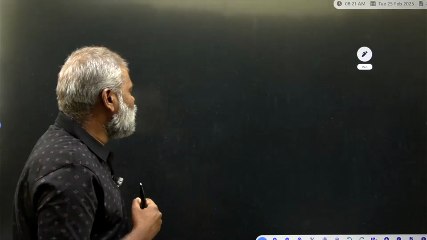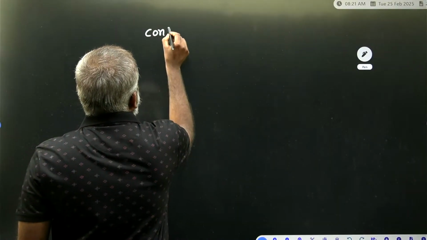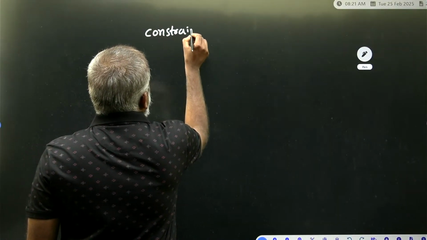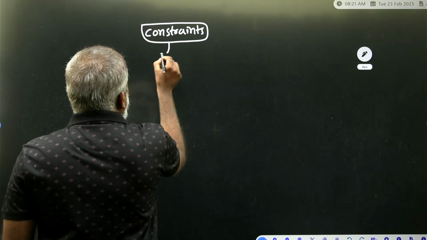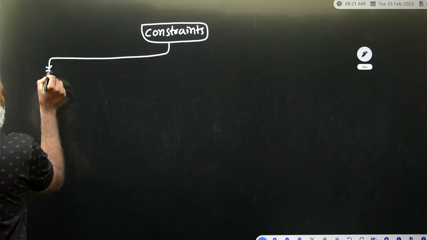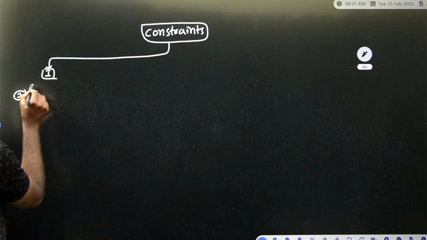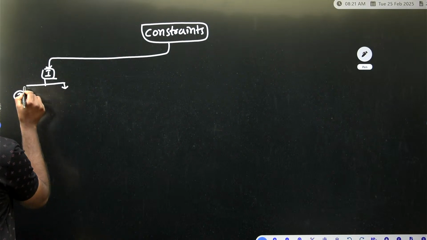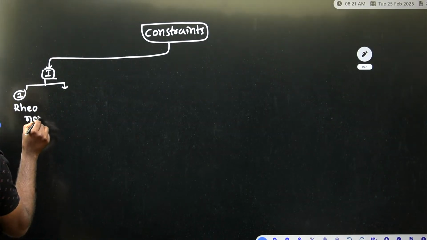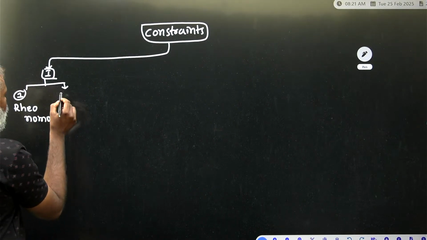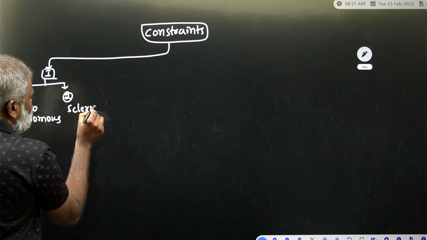How many constraints are there? There are 5 varieties of constraints. In the first group, group 1, there is the rheonomous constraint, and the second is the scleronomous constraint.